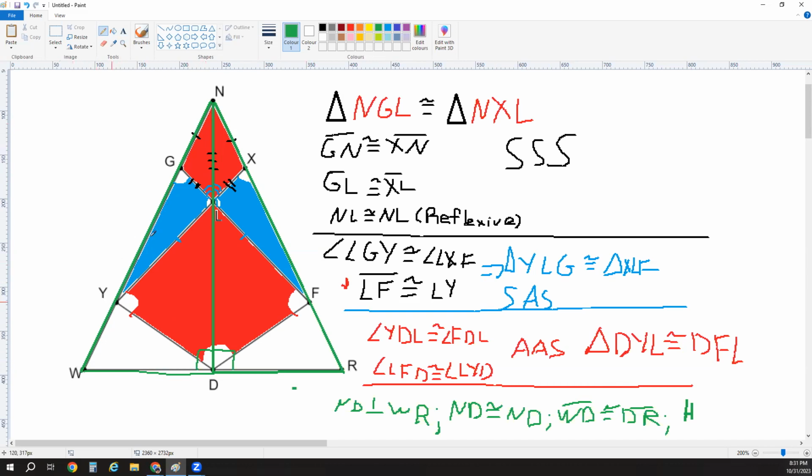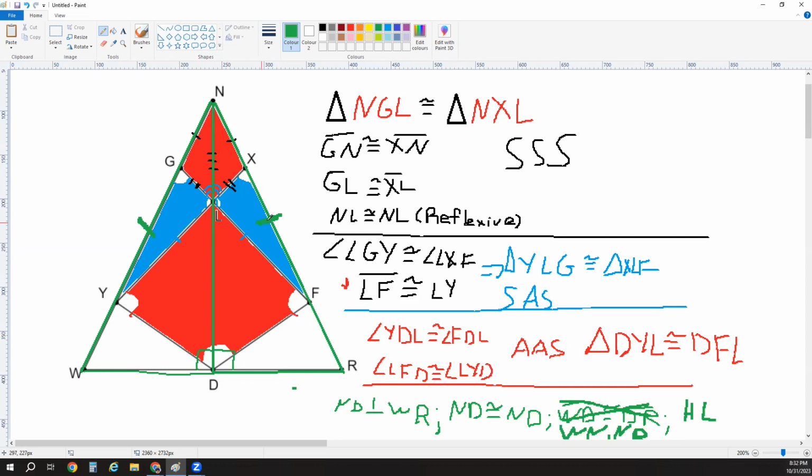Well, not quite yet. I would have to know the length of the hypotenuse. I would need to know WN, and I would need to know NR to use hypotenuse leg to see if these were congruent, right?